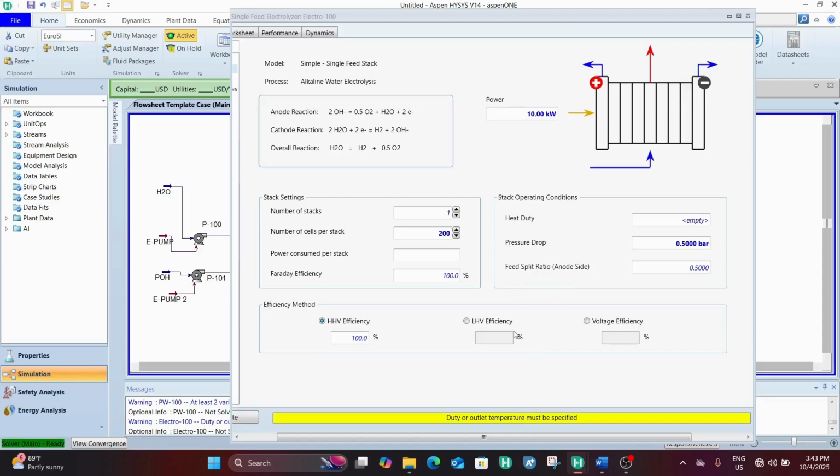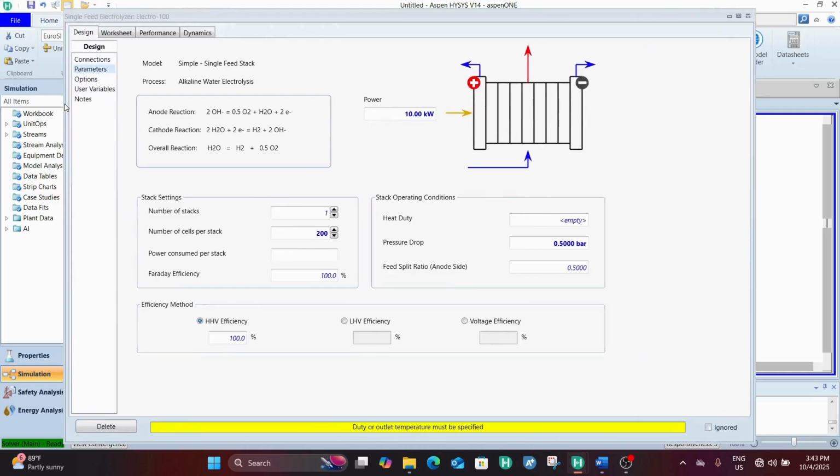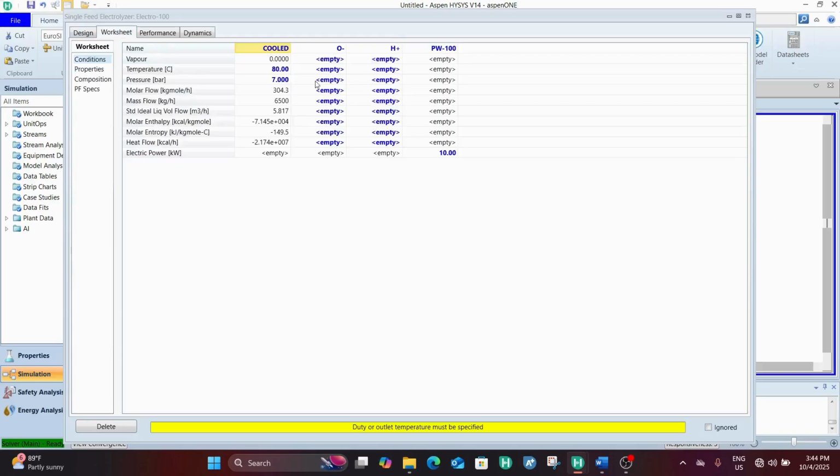Now we need to specify either our duty or outlet temperature for the electrolyzer to solve. I think it's going to be better if we specify the outlet temperature. It's just like our heat exchangers and coolers, where we sometimes have to specify the temperature for it to solve.